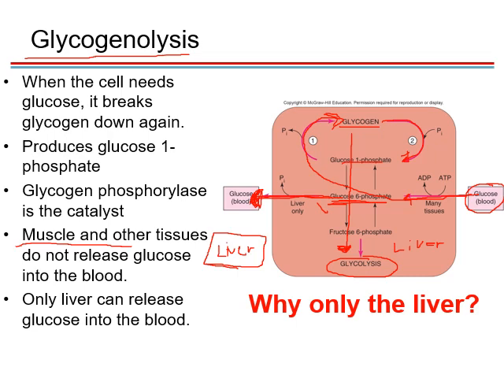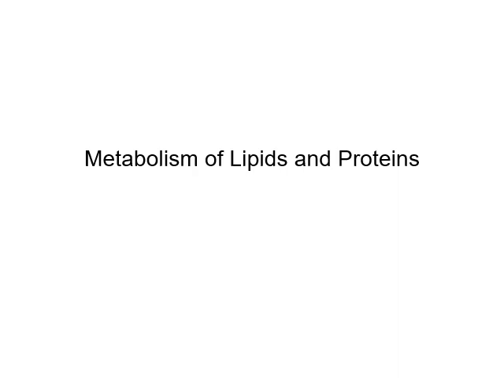So again, overview: the liver, skeletal muscle, and cardiac muscles have stores of glycogen, but the muscles will use it for their own energy production, whereas the liver can release glucose into the bloodstream. So we've gone through the metabolism of glucose, the carbohydrates.